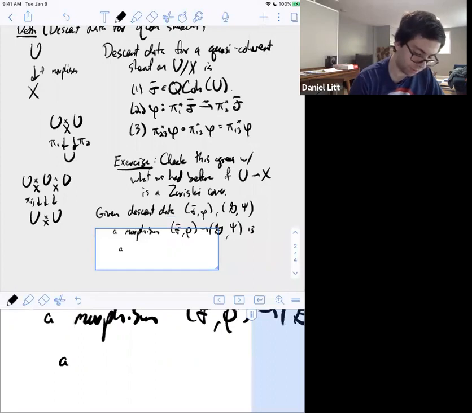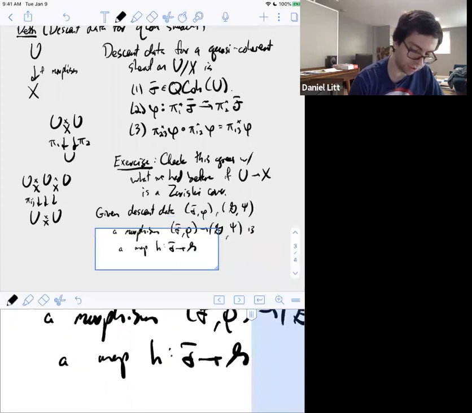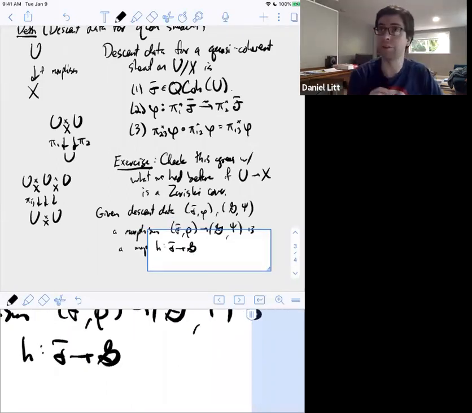So a map, let's call it H, from F to G. This is a morphism of quasi-coherent sheaves on U, such that the following diagram commutes.